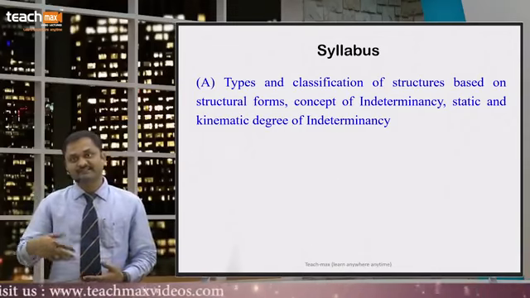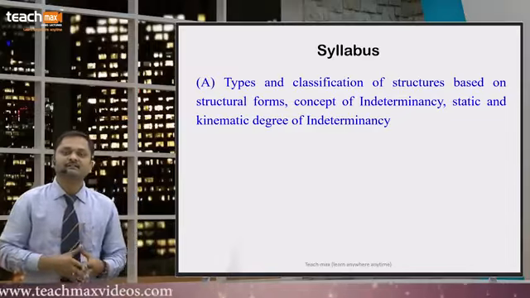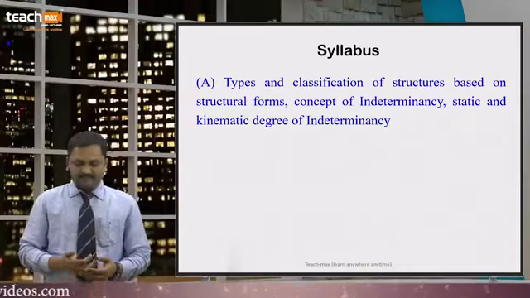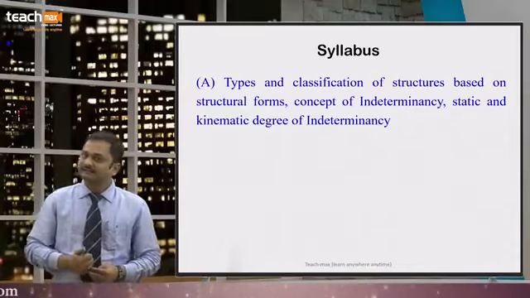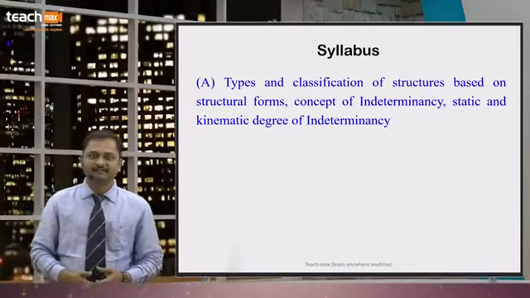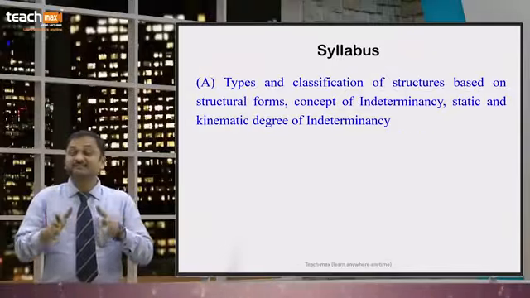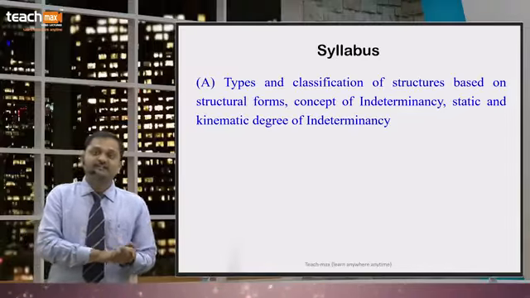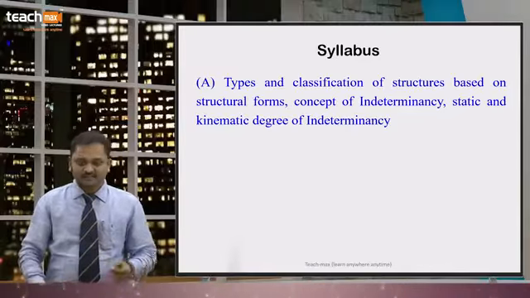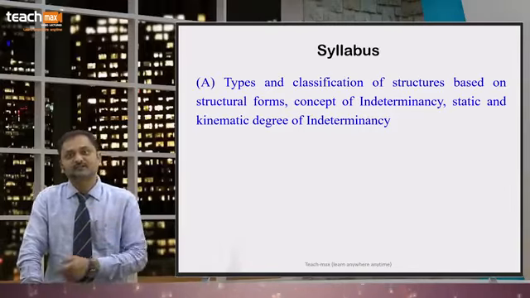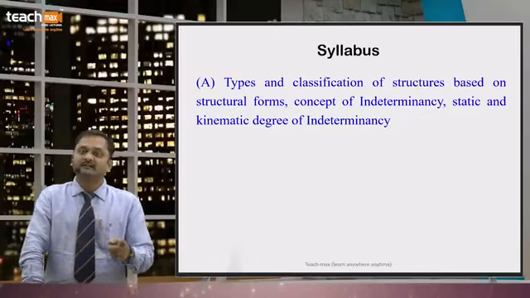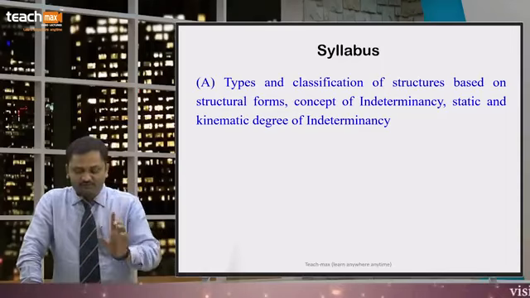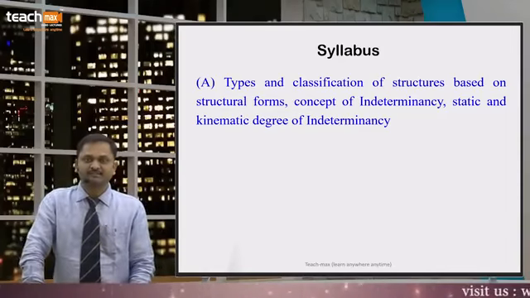Then we are going to focus on the concept of indeterminacy, static as well as kinematic. So we are going to find the static degree of indeterminacy and kinematic degree of indeterminacy, because this is the first step for the analysis. For the analysis of indeterminate structures we need to understand the types of structures and their classification, and of course static and kinematic degree of indeterminacy. So that we are going to focus on in part A of this unit.